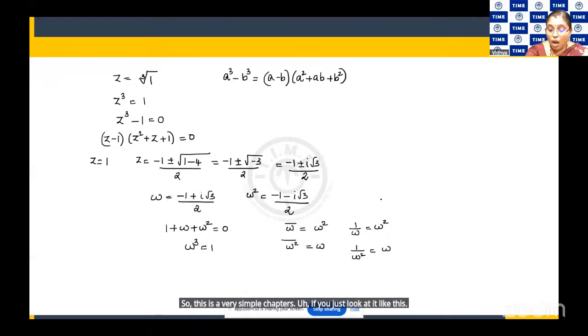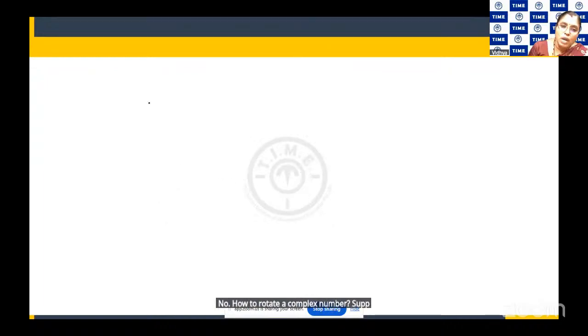Now, how to rotate a complex number. Suppose you have a complex number, say z is equal to r into cos theta plus i sin theta. And if you want to rotate this complex number through an angle alpha in the anti-clockwise direction, suppose your complex number is here, and you want to rotate it like this, towards this side.